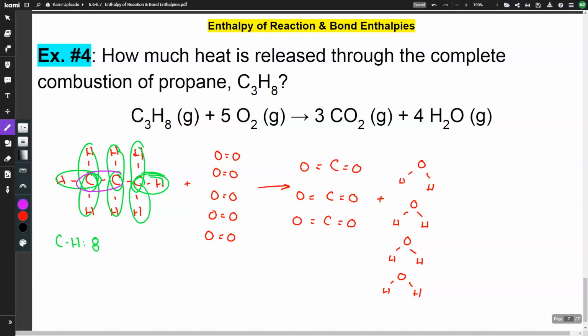So we have 1, 2 of those. And then for our oxygen, we have just a double bond oxygen right here. So we have 5 of those. 2, 3, 4, 5. So these are bonds broken.